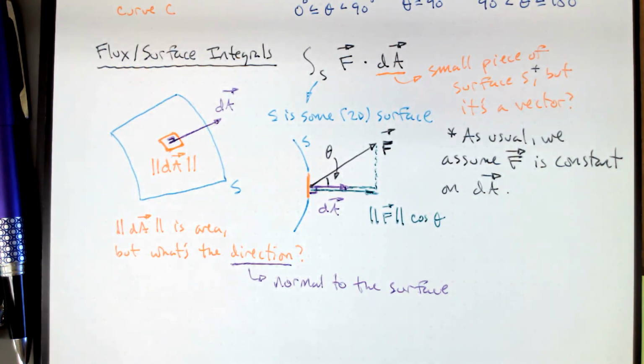And this will just be multiplied by the area. And we can think of the vector field as stuff flowing through some surface.